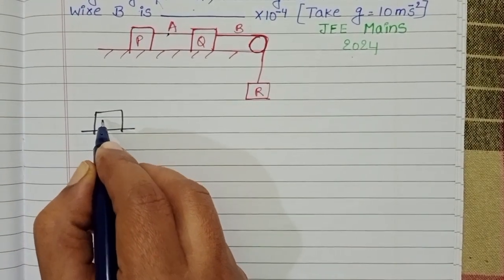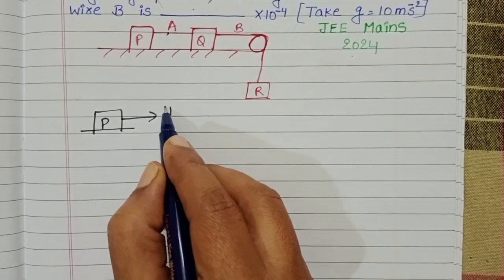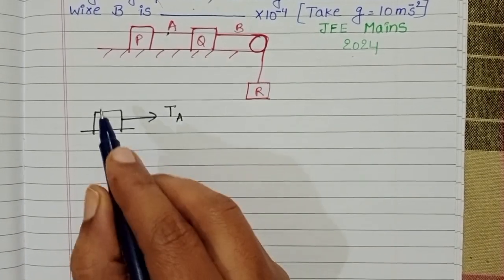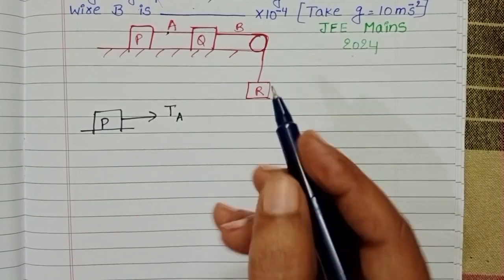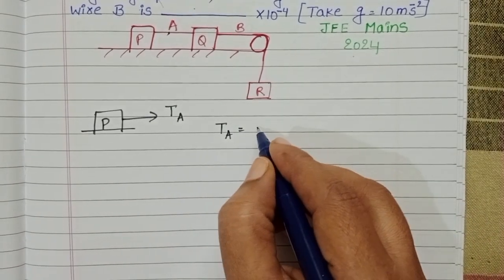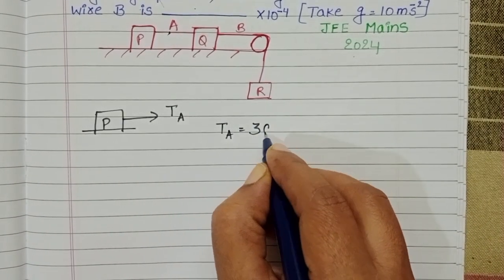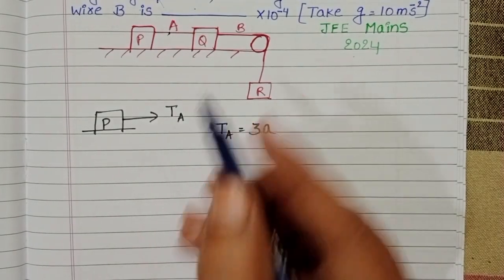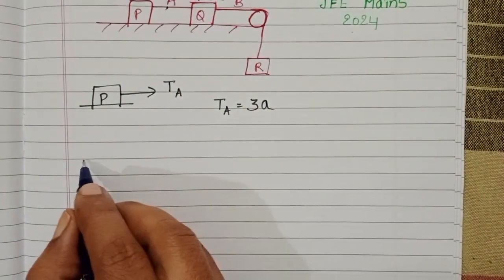First, block P. Only tensional force TA acts on this block. Vertically, this block is in equilibrium position. So TA is equal to mass of the block into acceleration. Given mass is 3 kg and acceleration, let it be A. Take the second block.